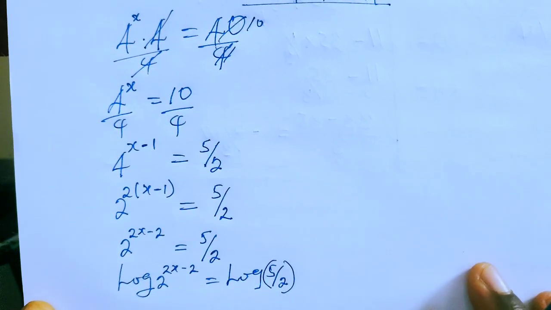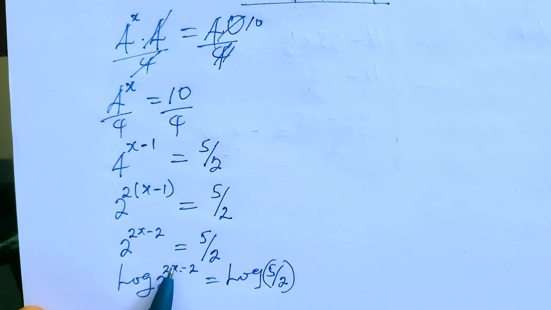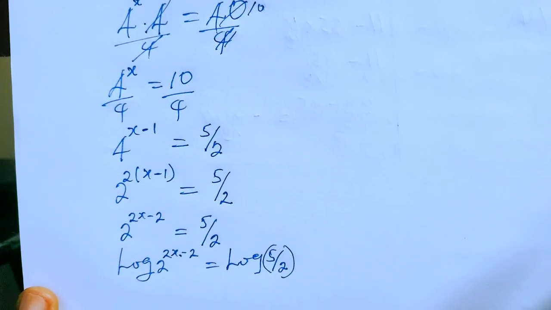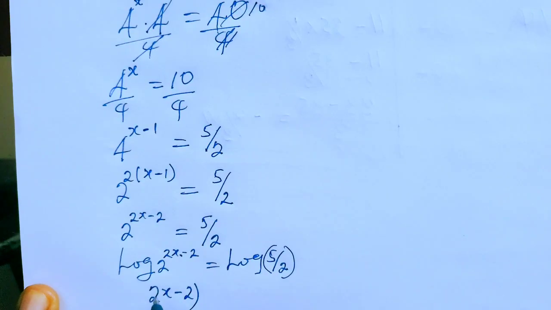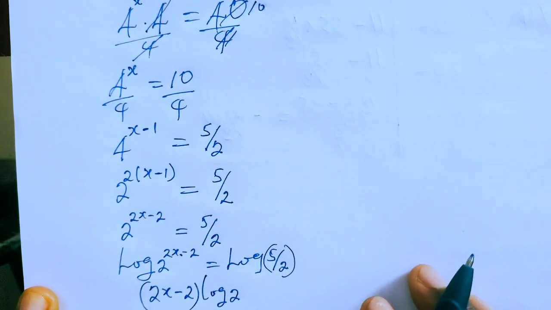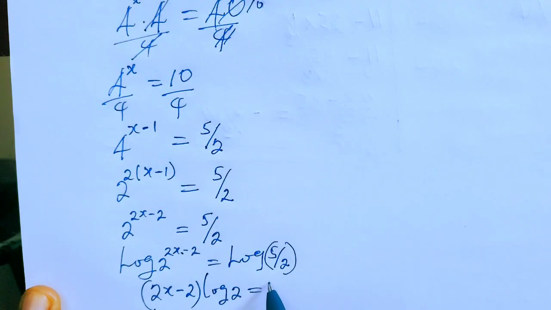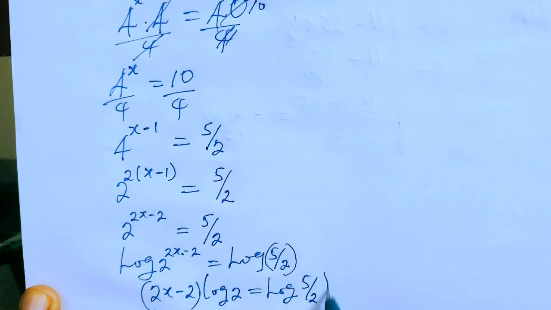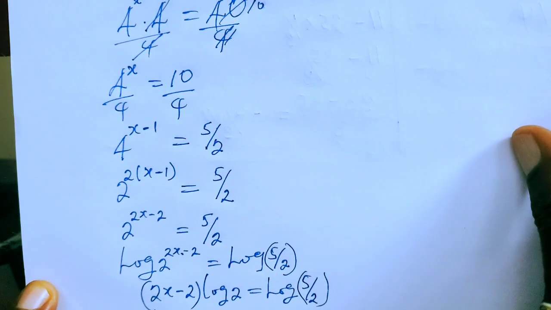Now, at this very point, I'm going to apply the power rule at the left hand side of the equation. I'm going to bring this power to the front of the log, and we're going to have 2x minus 2 log 2 equals log of 5 all over 2.